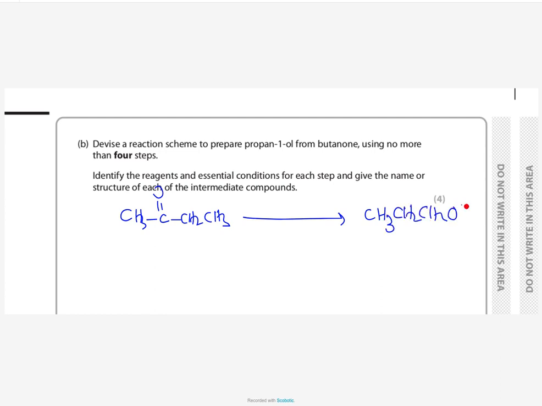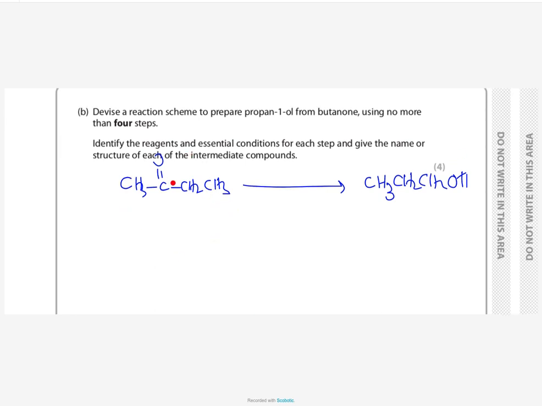Now see, you should not use more than 4 steps. Each step you should write essential conditions and reagents. Right? Now the thing is, this is a reaction. First, identify what has happened here. A 4-carbon compound has turned to a 3-carbon compound. Number of carbon atoms have decreased.